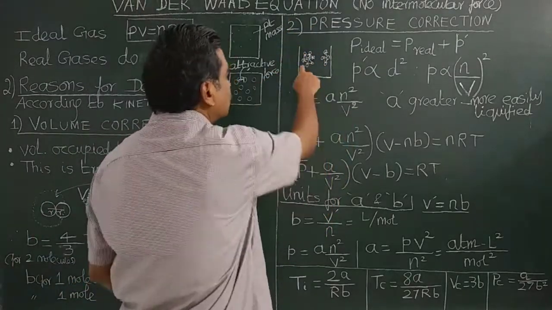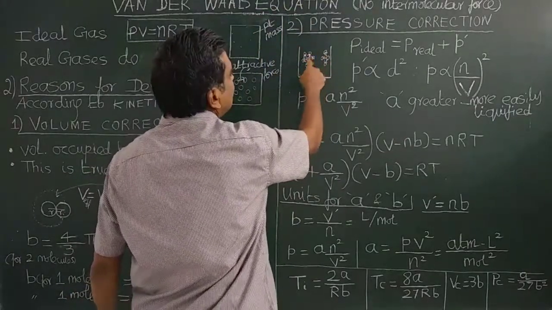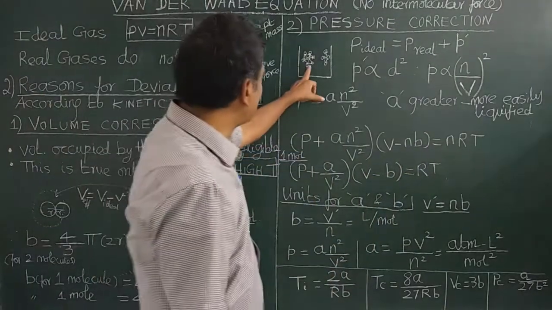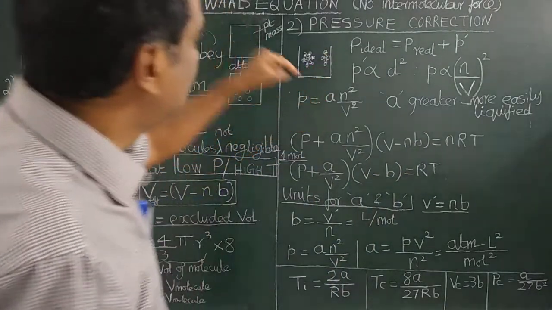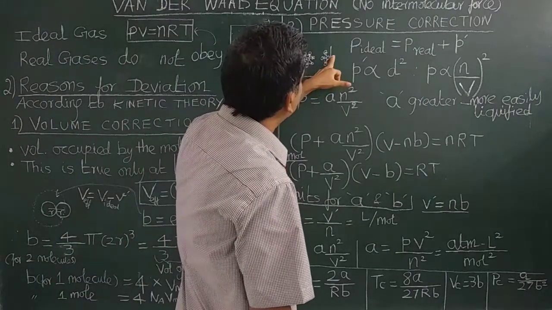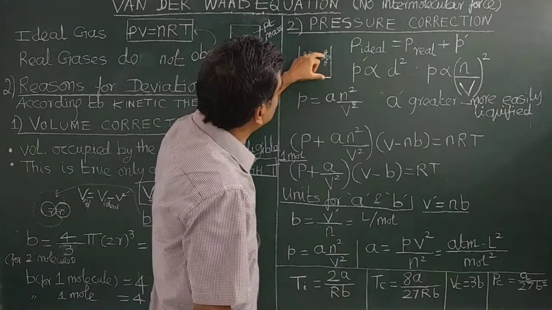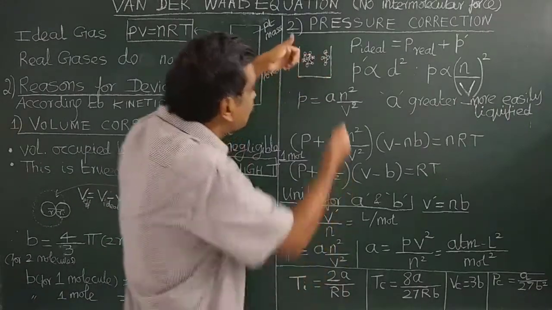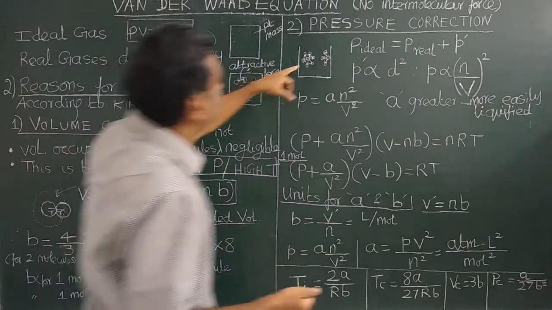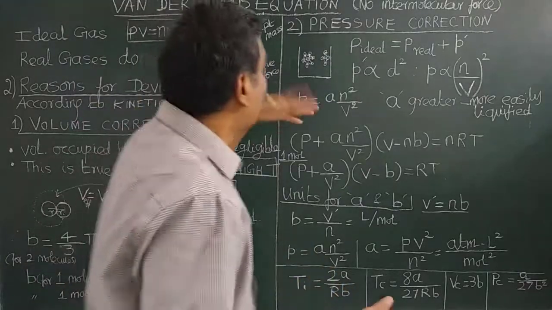Equal and opposite, so there is no net inward pull of the molecule in the body, whereas at the surface of the vessel, the molecules are attracted by this, and there will be a net inward pull of the molecule because of the attractive force.